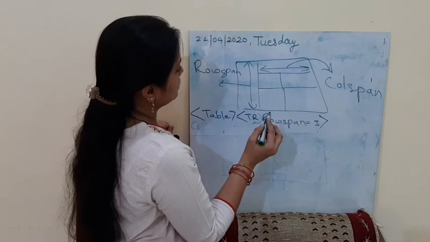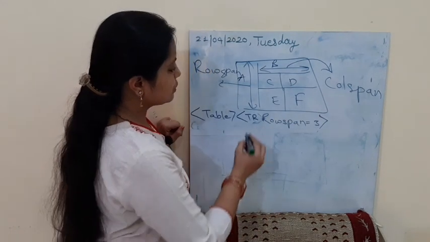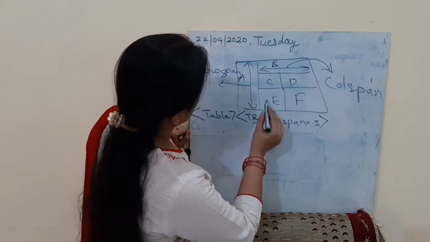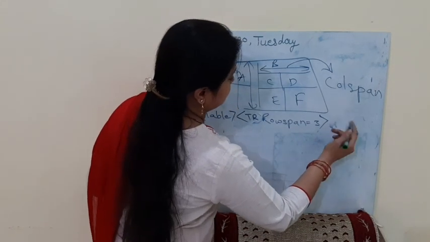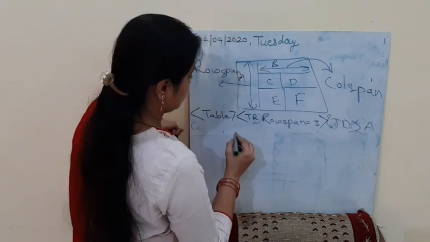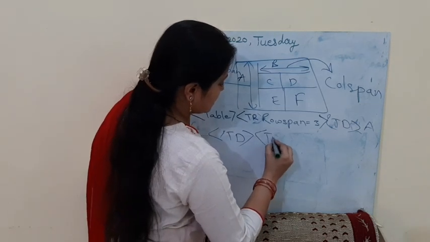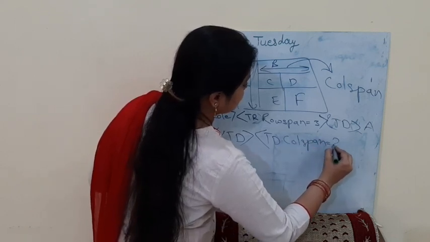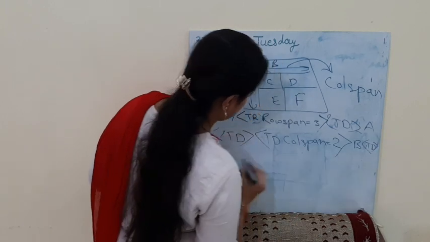For example, I am writing here A, B, C, D, E and F. So tr row span is equal to 3, and now this is again coming with td, so I will be writing here span A. Slash td, then I will write here td col span is equal to 2 B and td. This is done for one row.